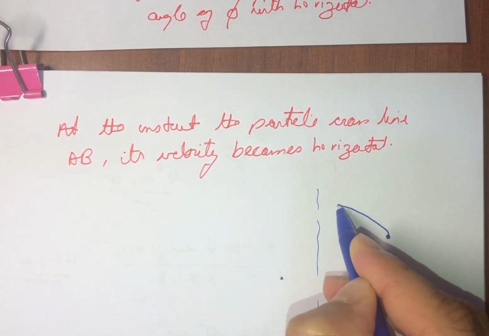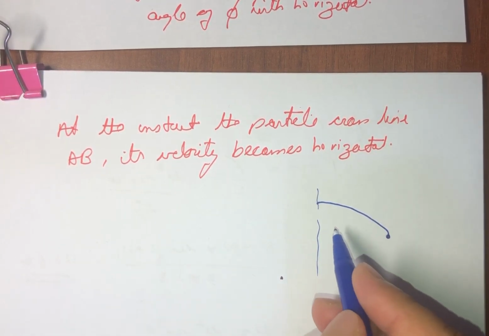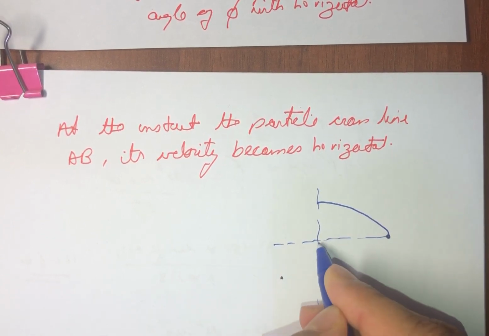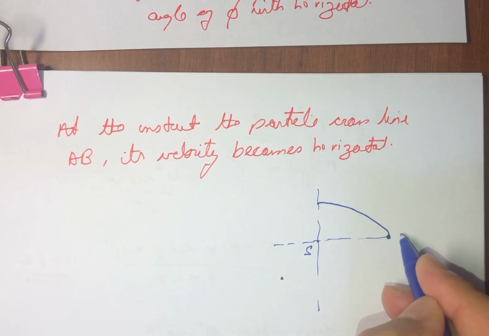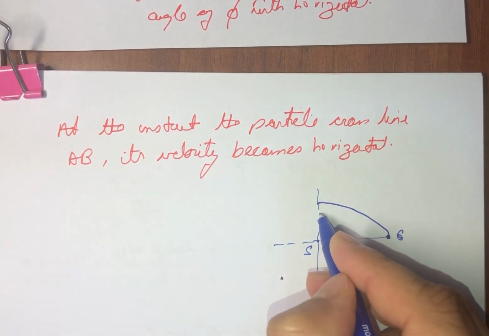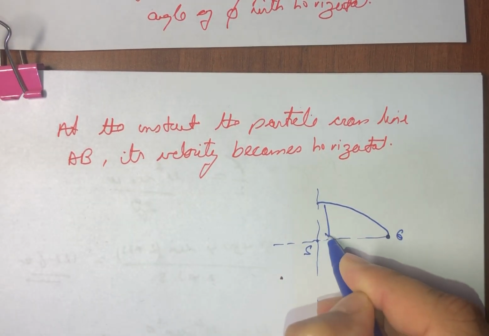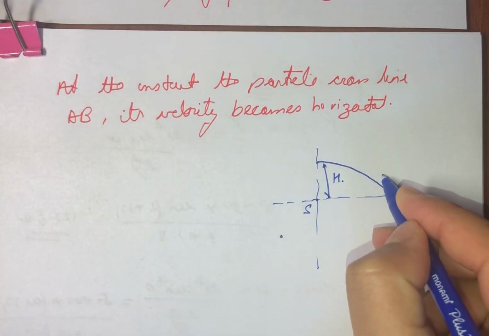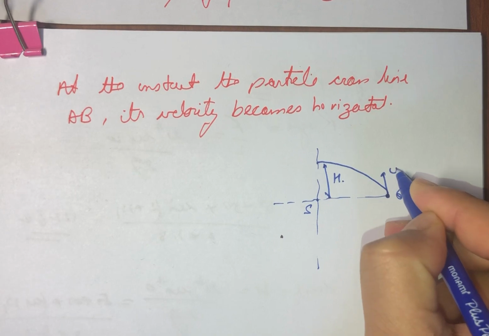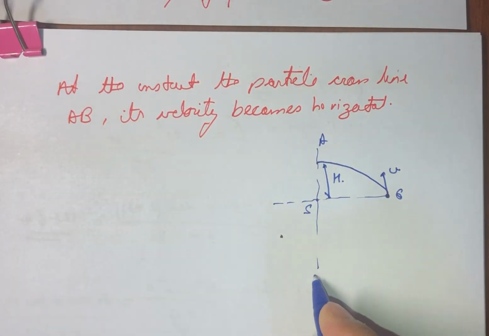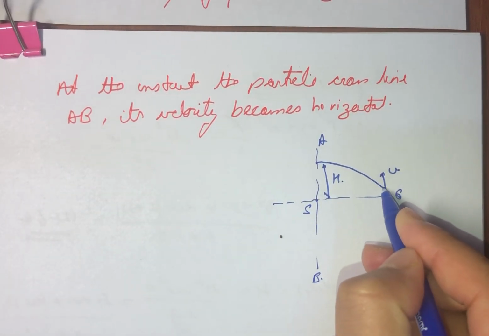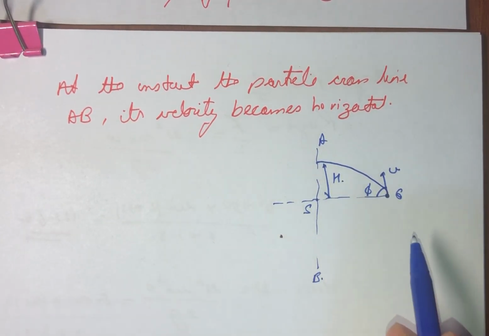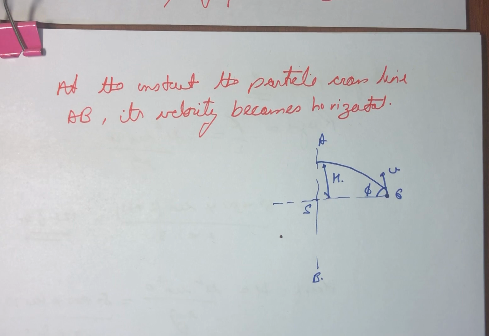At this particular point, let us call this point S, and this point is Q, and this is the maximum height H, with the initial velocity V, and it is making an angle of phi with the horizontal.